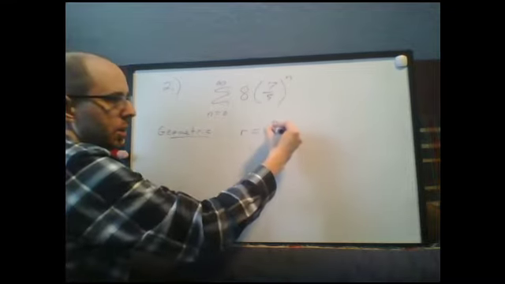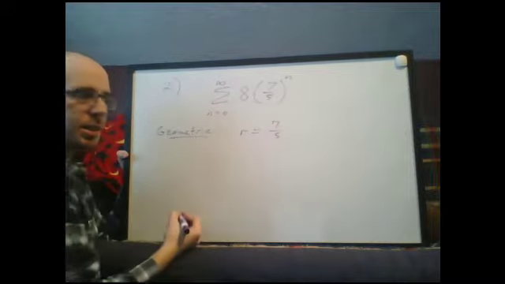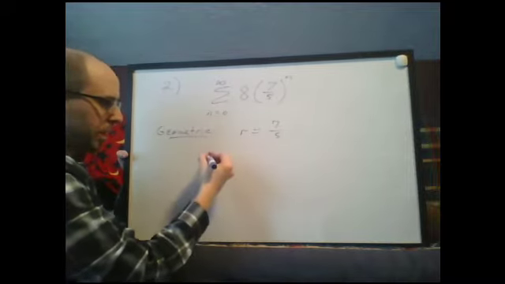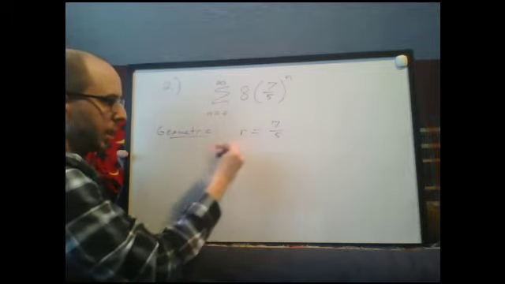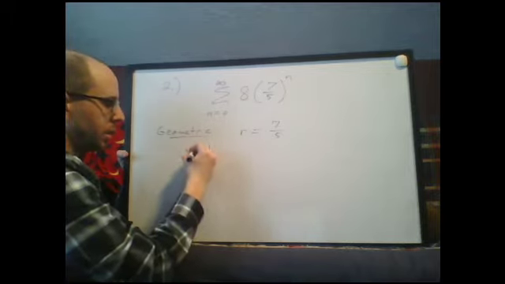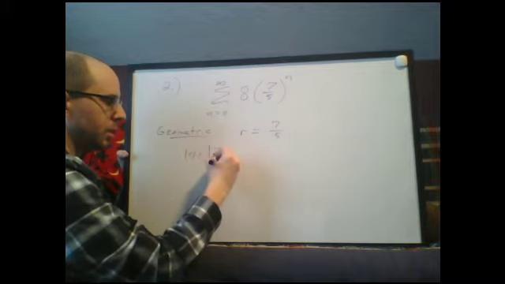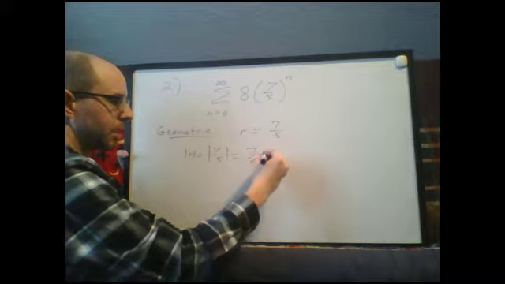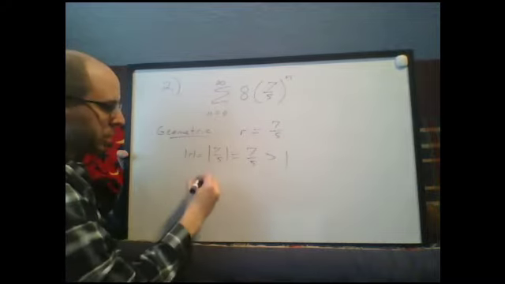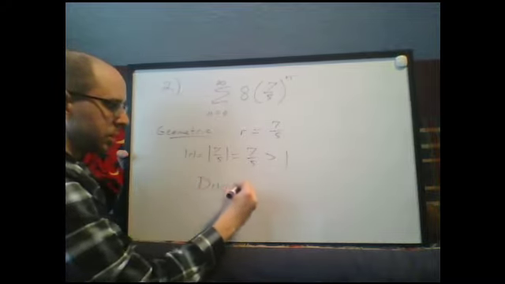So in this case, r is 7 over 5. And then the relevant question is, is it bigger than 1 or smaller than 1? Well, its absolute value is 7/5. This is already positive. That's bigger than 1, so that tells us divergent.